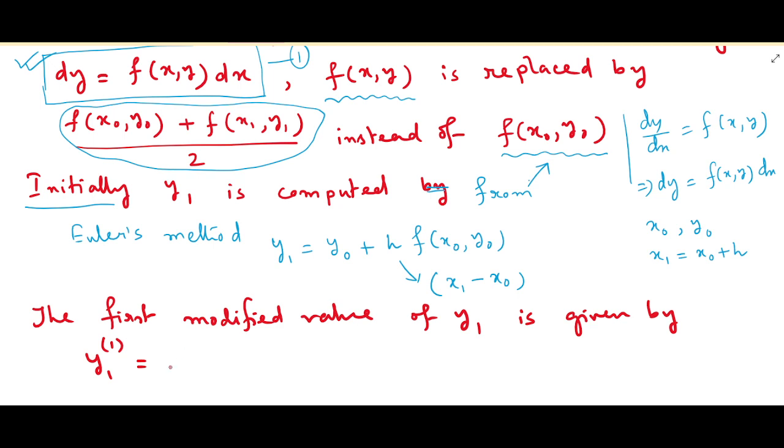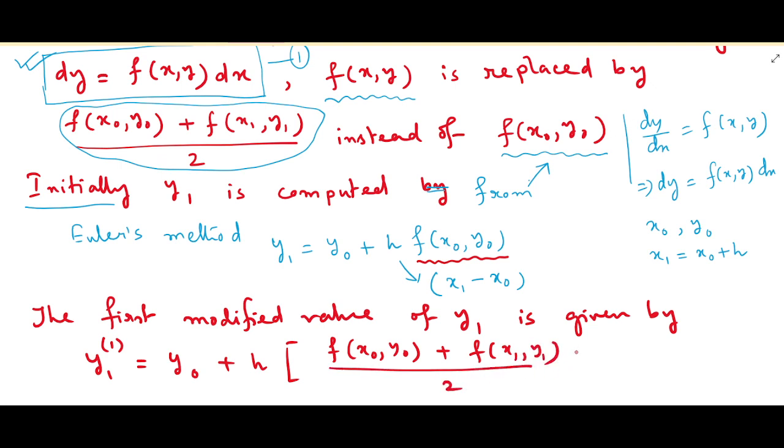So what is the formula? Its first term is y naught plus h into, in place of f of x naught comma y naught, we have to replace it by f of x naught comma y naught plus f of x1 comma y1, whole thing divided by 2. So the formula is a little bit changed.